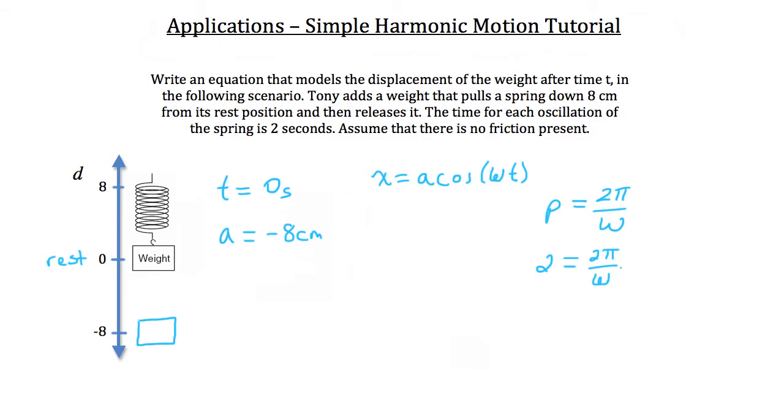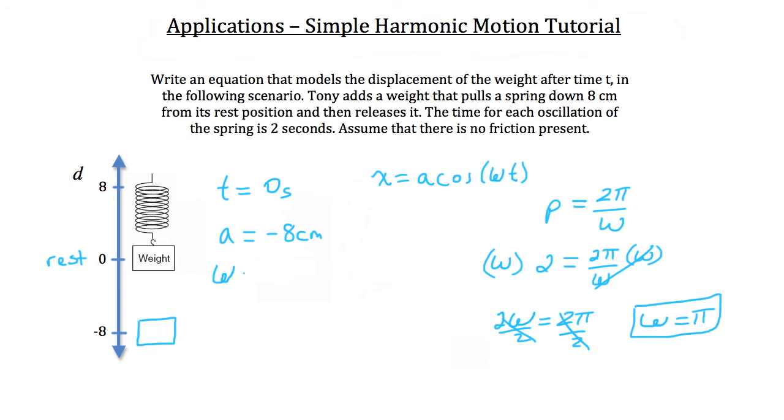We could multiply by omega on both sides of the equation. On the right hand side they'd cancel, and on the left we'd have 2 times omega is equal to 2 pi. We'd then divide both sides by 2. On the left the 2's would cancel and we would have omega is equal to 2 pi over 2. The 2's would cancel and we'd have just pi. So our omega for this problem is pi.